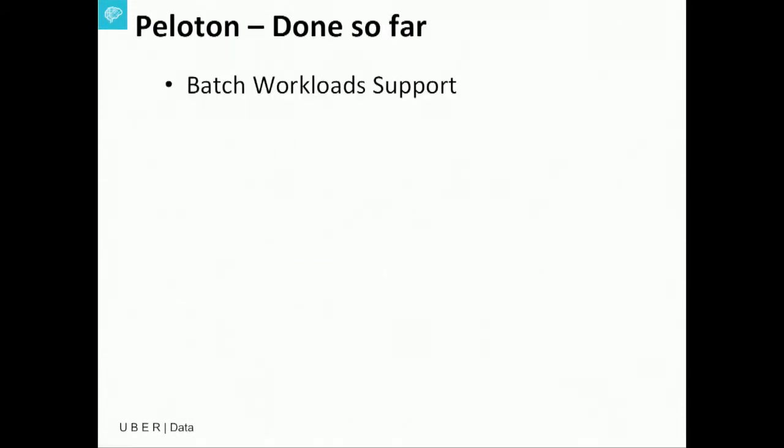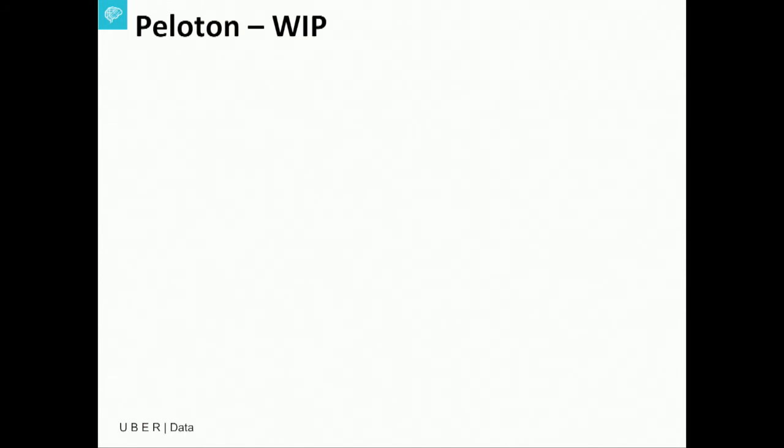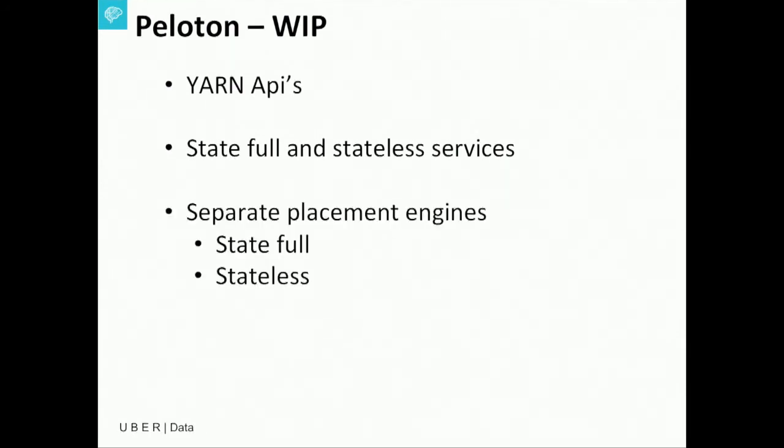What we have done so far, we have batch workload support, Spark support, we have GPU support, we have distributed TensorFlow support, we have gang scheduling where you can do all this, since distributed TensorFlow needs state. Work in progress, we'll work on Yarn APIs, stateful and stateless services, and separate placement engines for stateful and stateless.